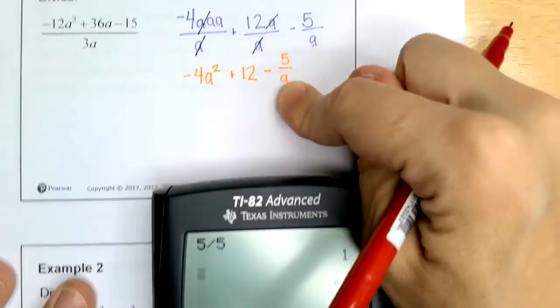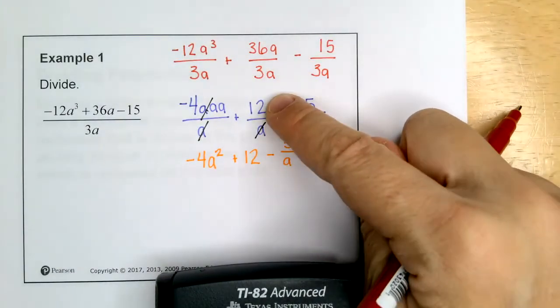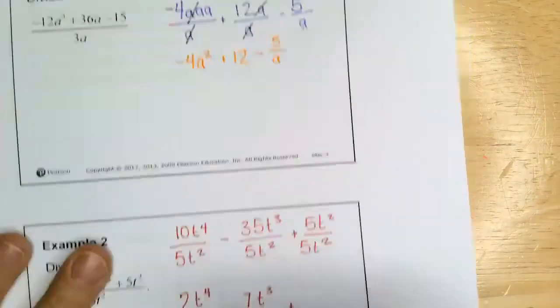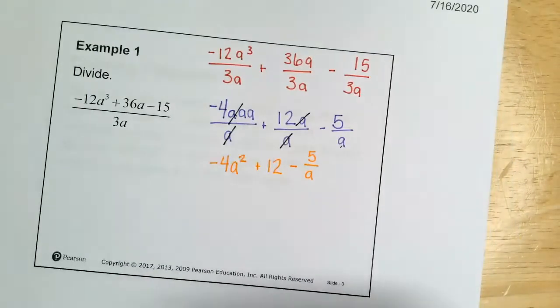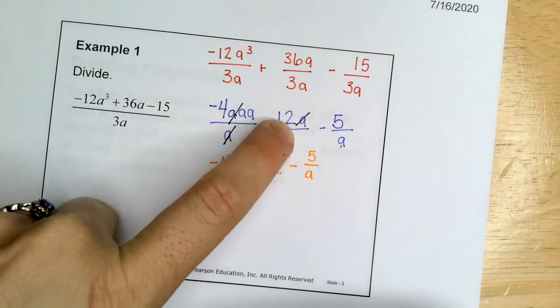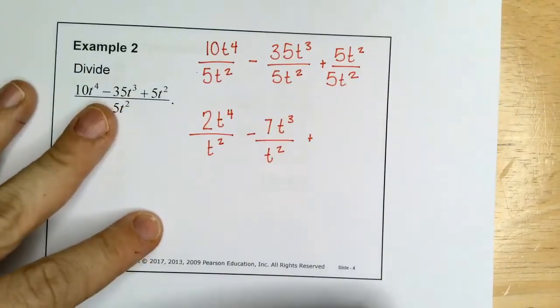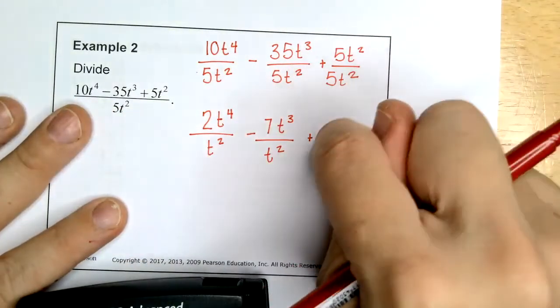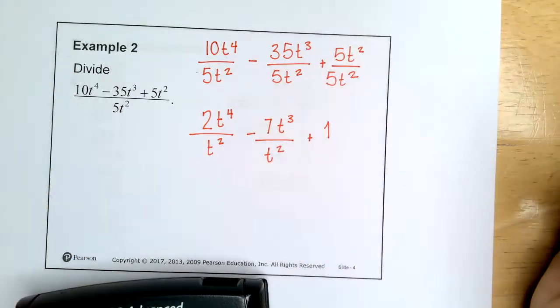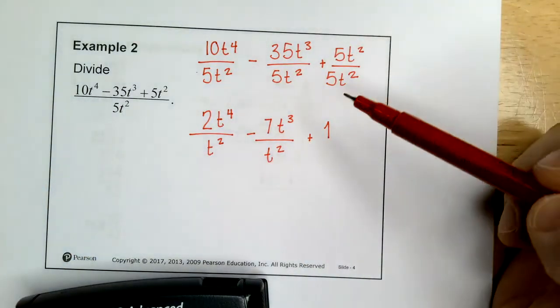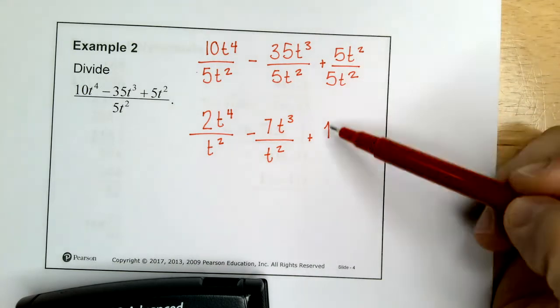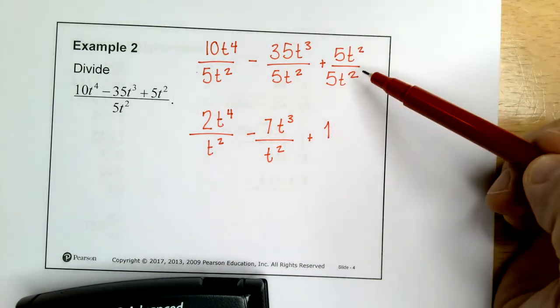Like a divided by a is 1. So 1 times 12 is 12, so I left out that 1. I didn't need to say 12 times 1. But here, there's nothing to multiply the 1 by, so I have to leave the 1. If I didn't leave it, then it would disappear entirely, and that's not nothing.